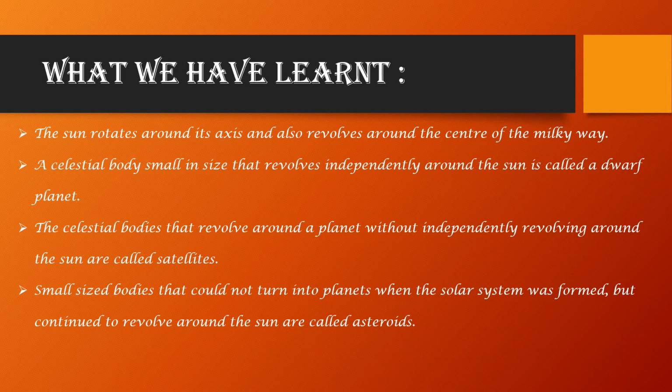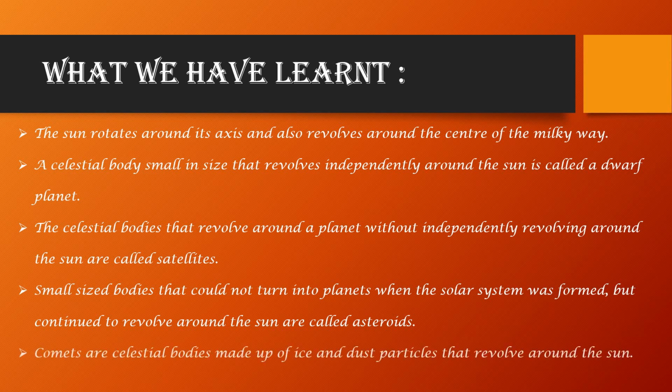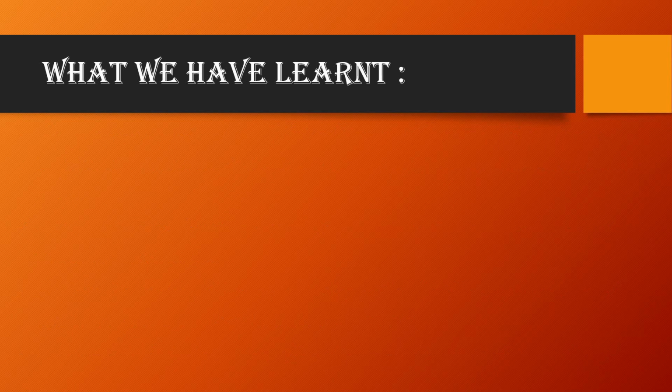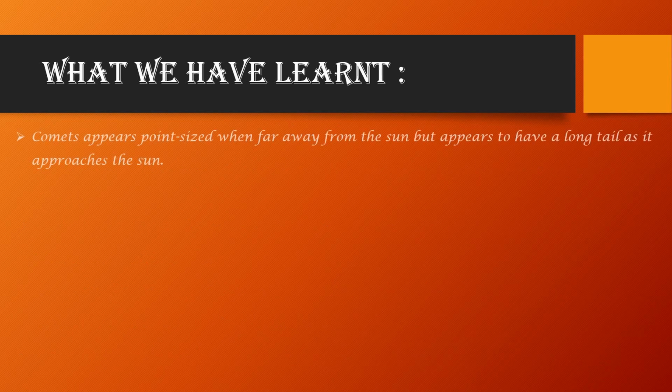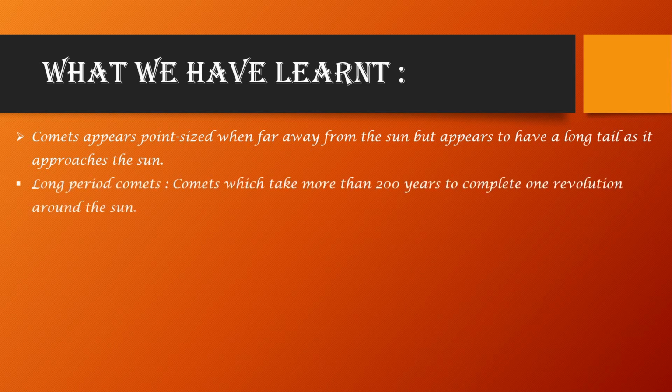And comets are celestial bodies made up of ice and dust particles that revolve around the Sun. Comets appear point-sized when far away from the Sun, but appear to have a long tail as they approach the Sun. And there are two types of comets, that is long period comets and short period comets.